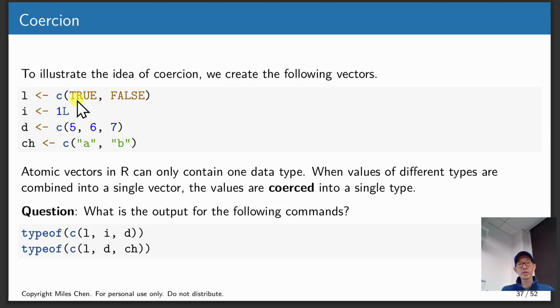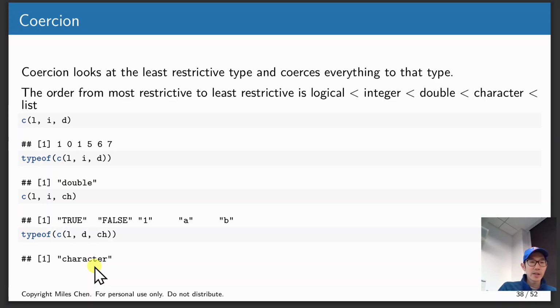It will look at the least restrictive type, coerce everything into that type, and then combine them into an atomic vector, okay?